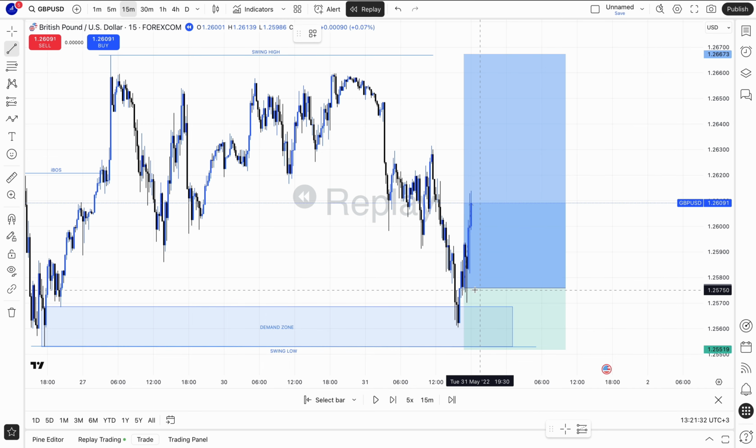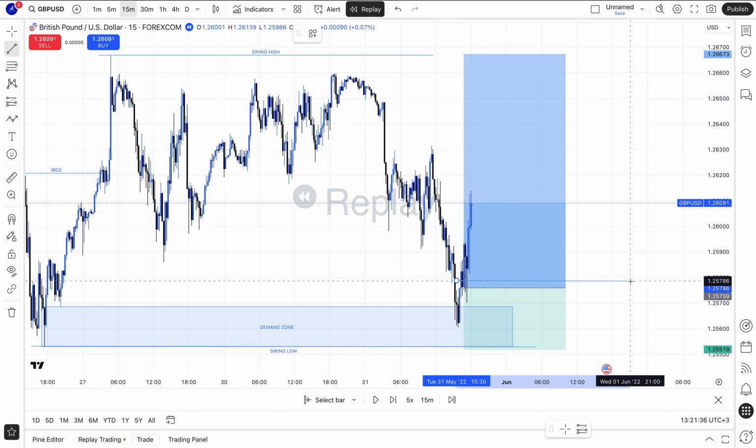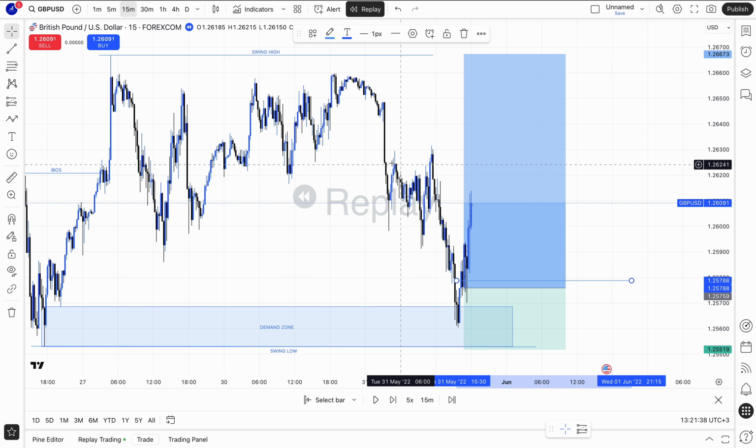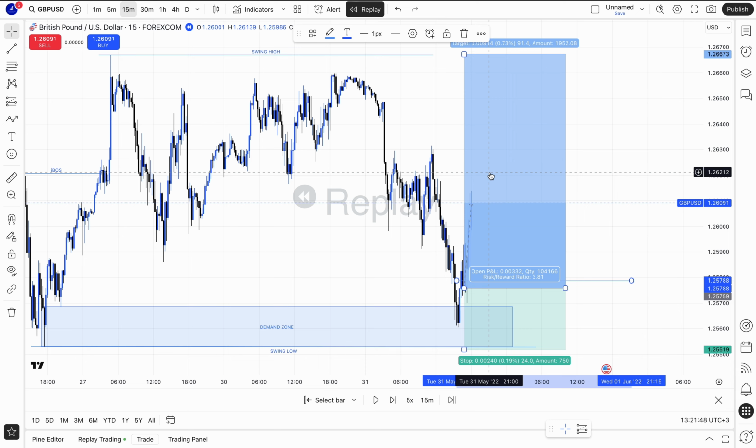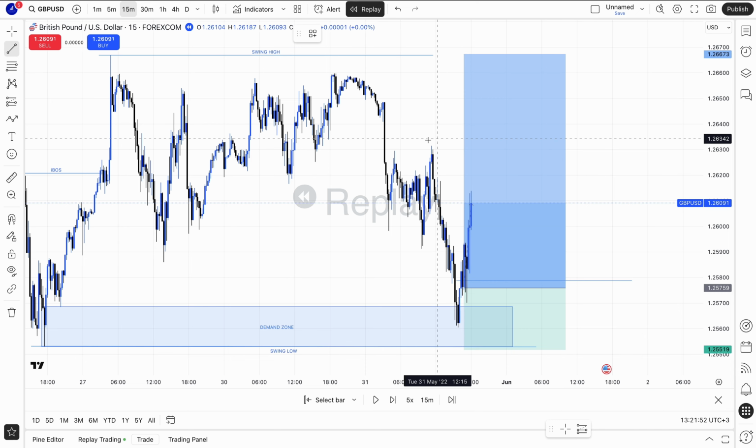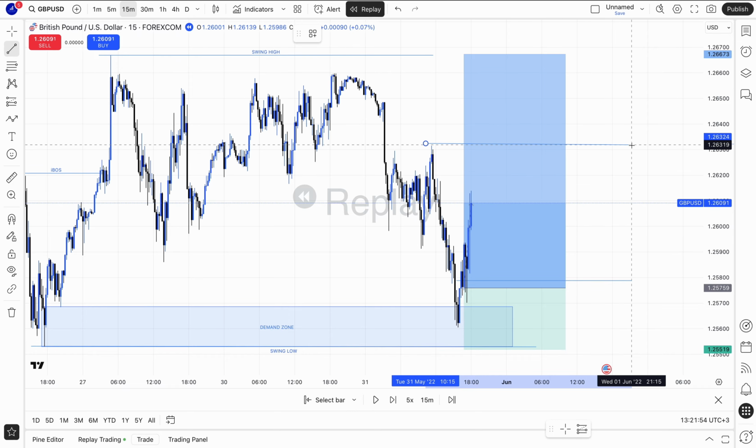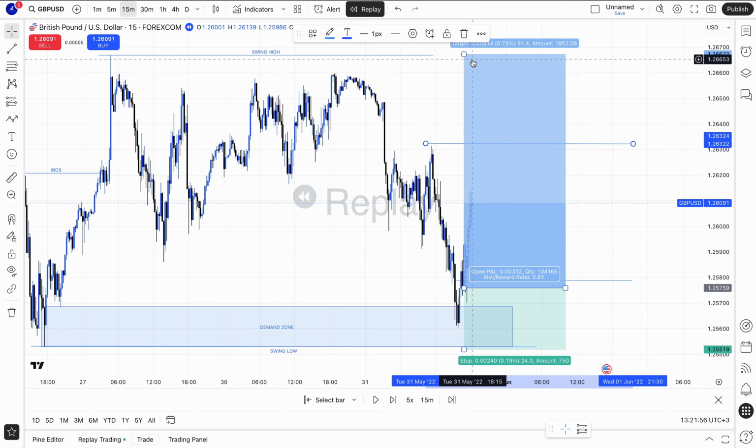Then we move our stop loss from here to break even. Just protect our capital and to be comfortable holding this trade up to take profit. But the moment the price goes up to here, then it's just a waiting game, right? We just wait for the price to come here, then we take like 50% profits.